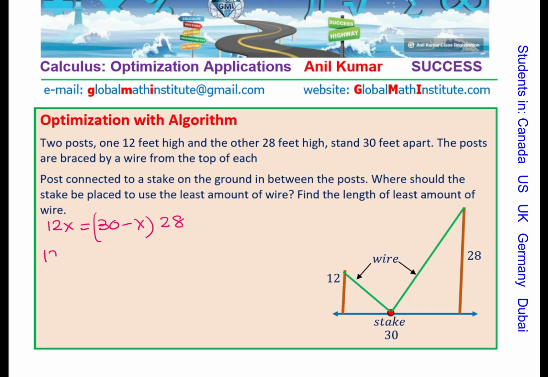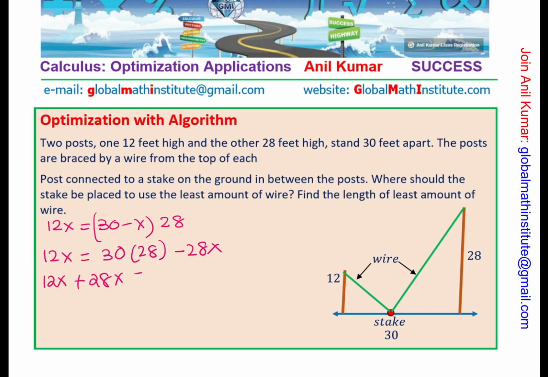Open the bracket, so we get 12x equals to 30 times 28 minus 28x. 12x plus 28x equals to 30 times 28, and that is how much? 40, right?